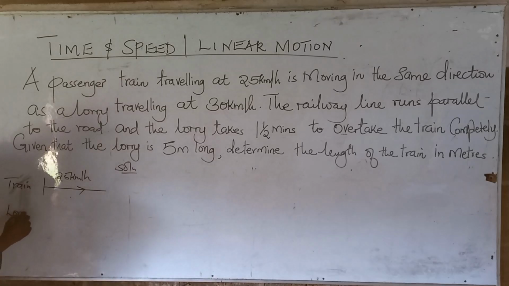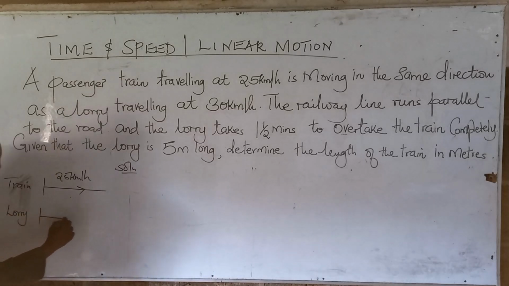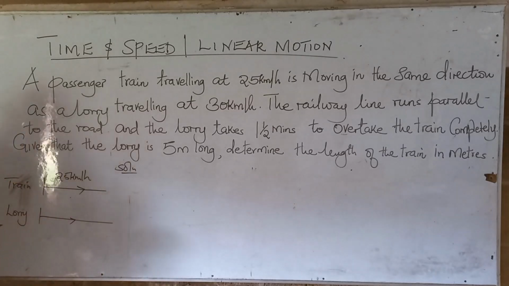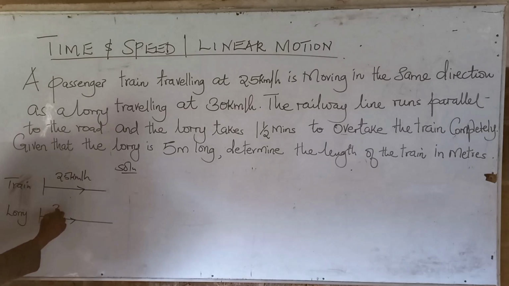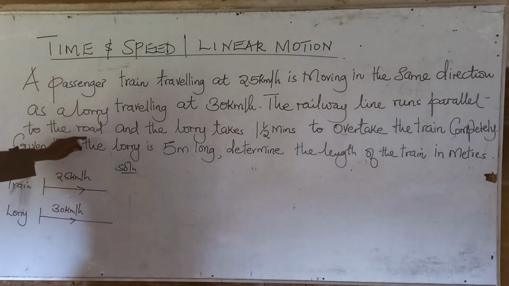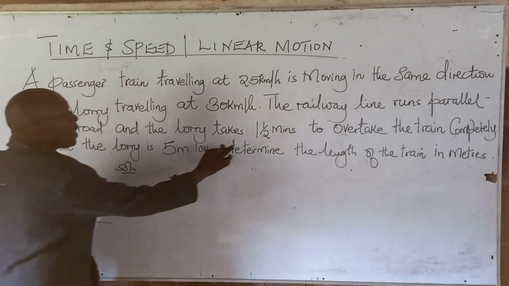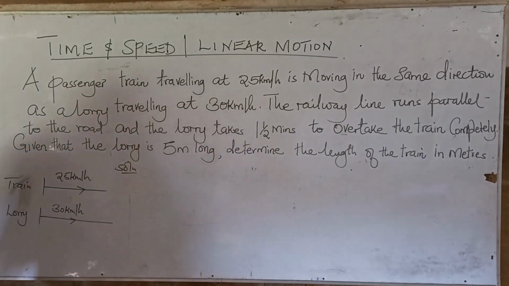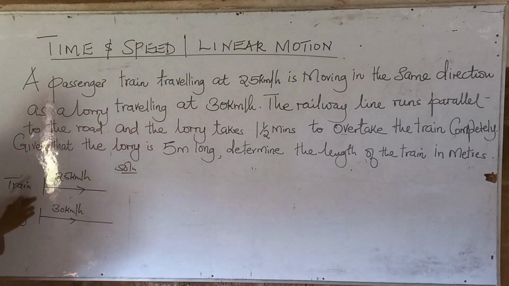So we have the lorry here, and the lorry is moving in the same direction, and the speed of the lorry is 30 kilometers per hour. And then there's another information here that is going to help us. The lorry takes 1.5 minutes to overtake the train completely. So this lorry takes 1.5 minutes to overtake the train completely.